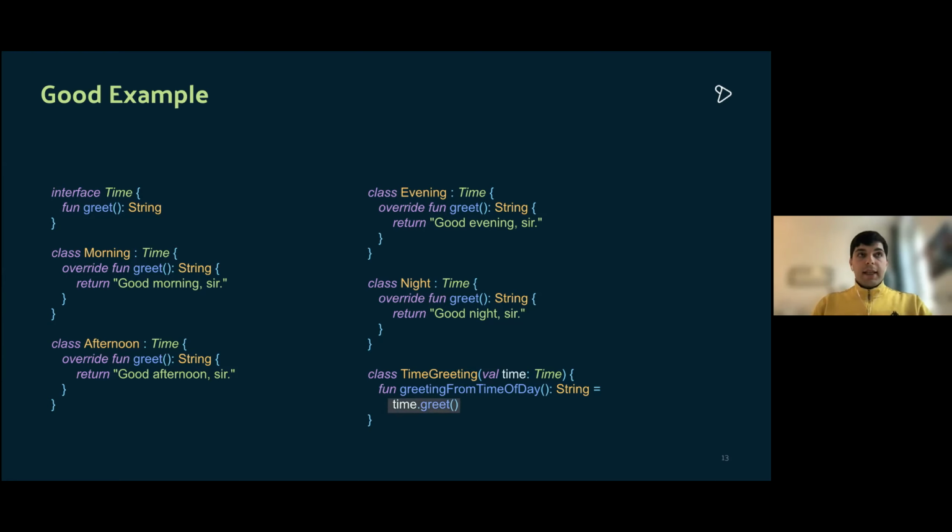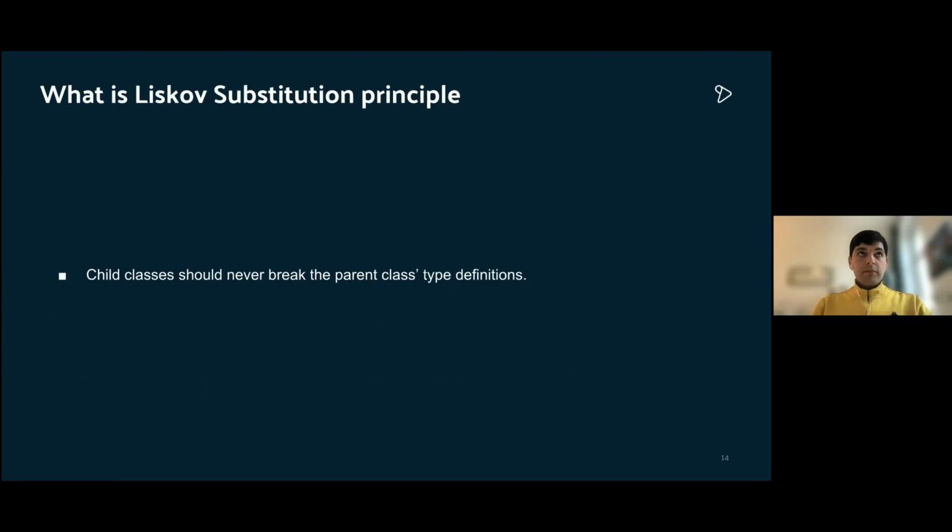Yeah, and next comes the Liskov substitution principle. So child classes should never break the parent class type definitions, right? To put it more simply, it means that a subclass should override the methods from the parent class in a way that does not break the functionality of the parent class.